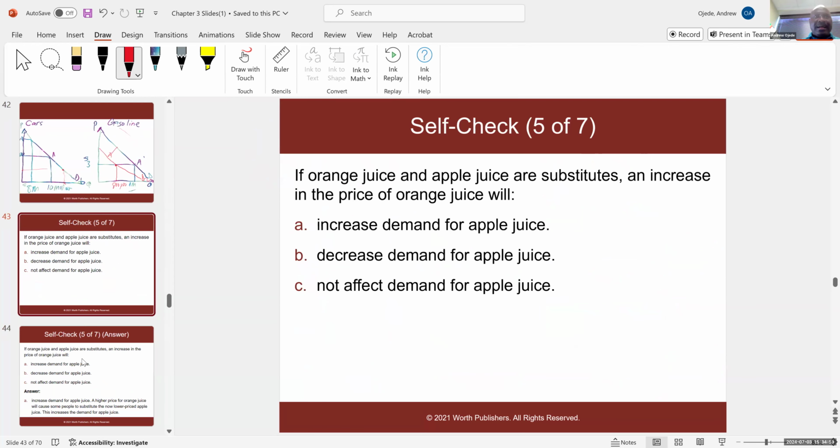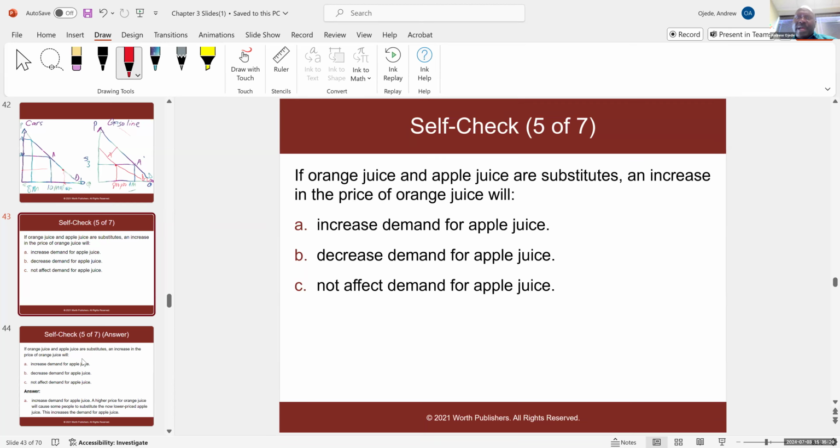I gave an example. Let's do some examples here. I told you the case of substitutes. If orange juice and apple juice are substitutes, an increase in the price of orange juice will, because think about it, if people treat orange juice and apple juice as substitutes, meaning that if the price of one good changes, people are going to buy the other one, because we're assuming that we're holding the price of apple juice constant.